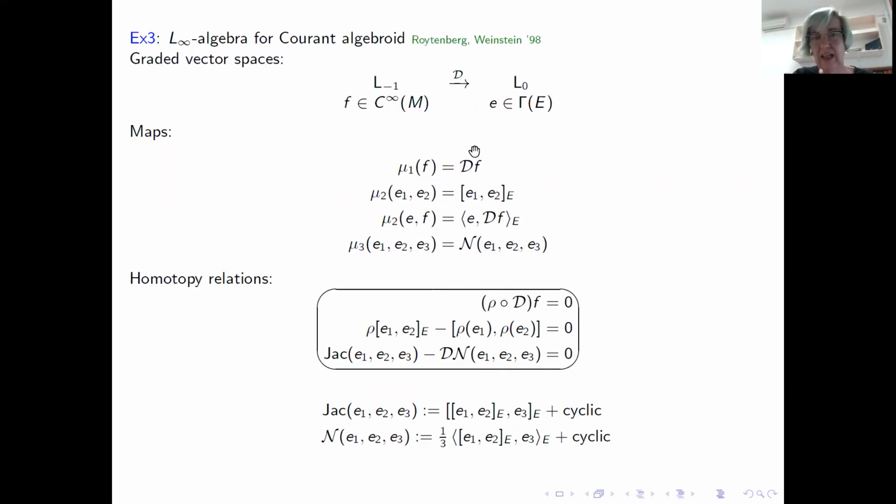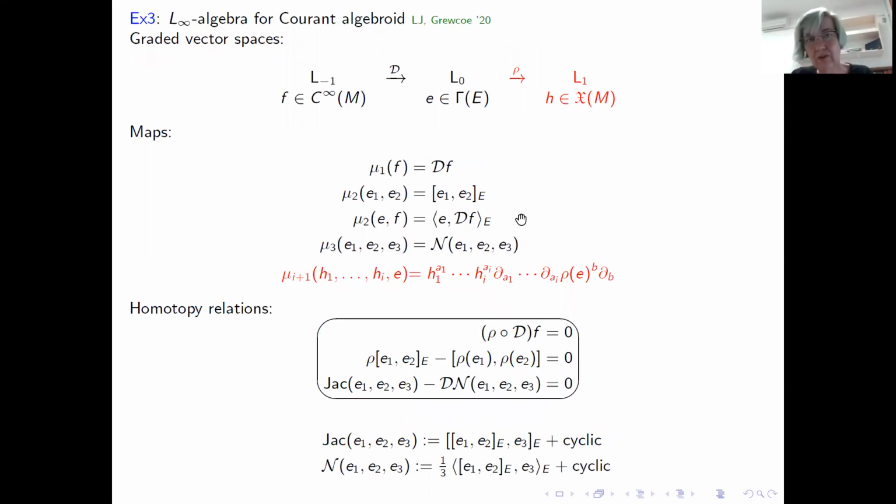In their L-infinity algebra, the map rho just magically appears because you have a Courant algebroid, so you know that in this differential operator D there is rho sitting, that this D is in the kernel of this map. You don't have it explicitly given in the maps, but you know it is somehow there because you know what a Courant algebroid is. I'm just saying, if you don't know what a Courant algebroid is, I'm telling you it's given by this.